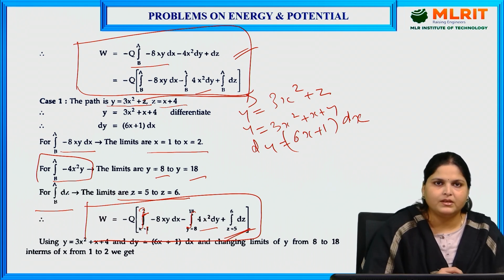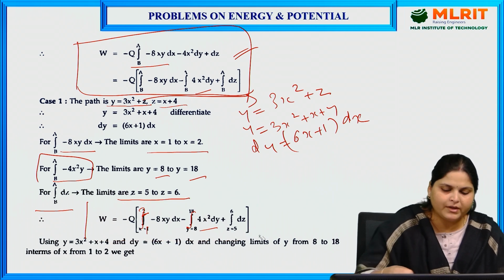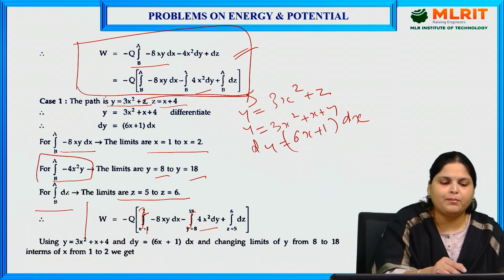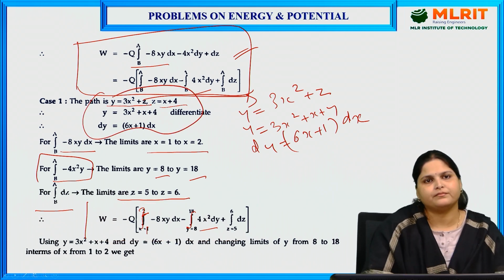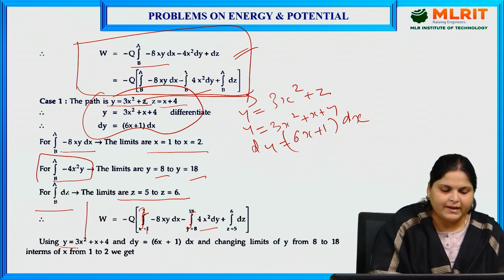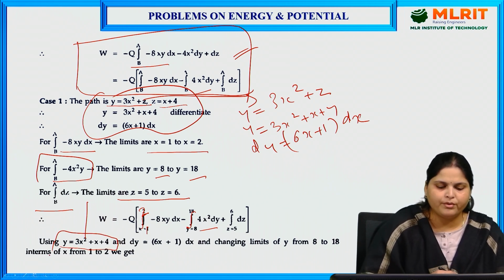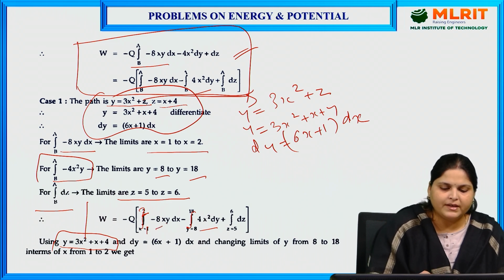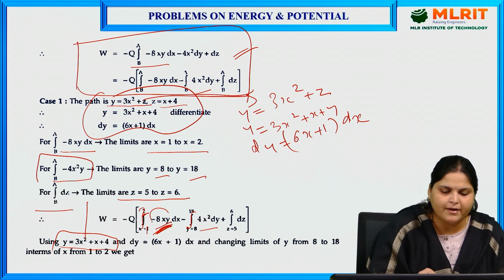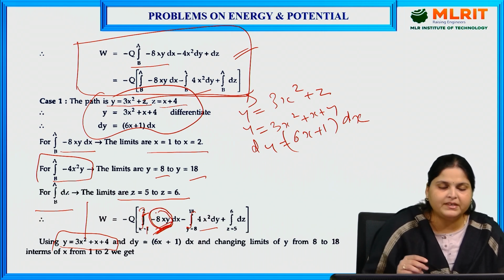What will be the next step? Now we are going to use the paths given here. y is equal to, we will write 3x square plus x plus 4. Because here if you notice, the integration is with respect to dx, so we should have this entire component in terms of x.